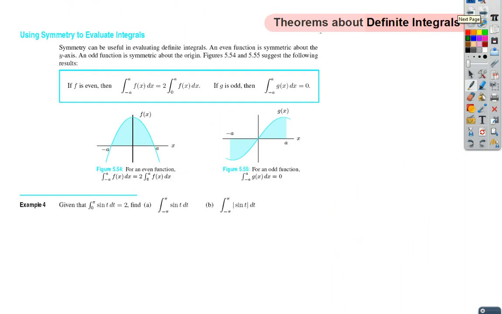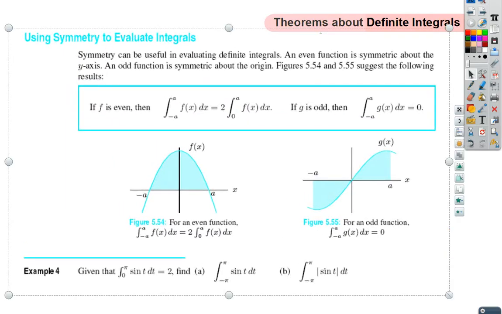So in general, if I have an even function, this is kind of a big thing to have, and you guys saw a little bit of this in 5.2. I'm sorry, I gotta make this bigger so everyone can see it. If you have an even function, the integral from a negative number to the positive same version of the number is just 2 times the integral from 0 to there.